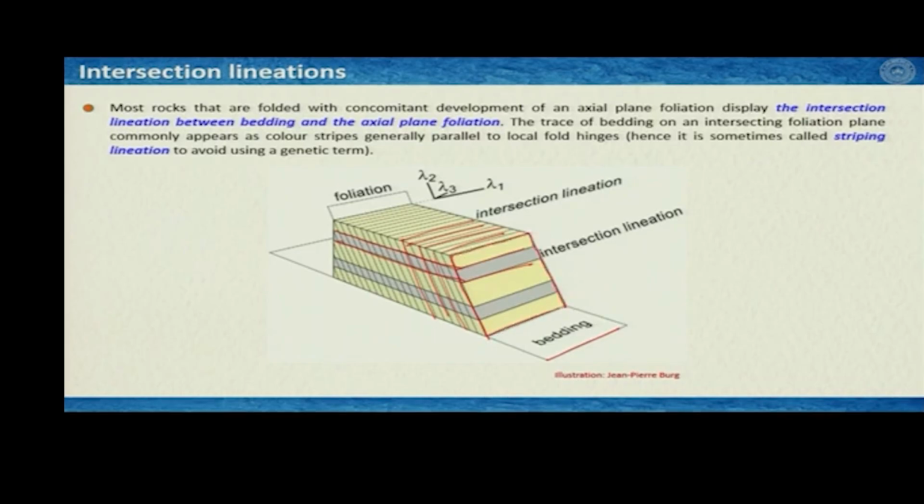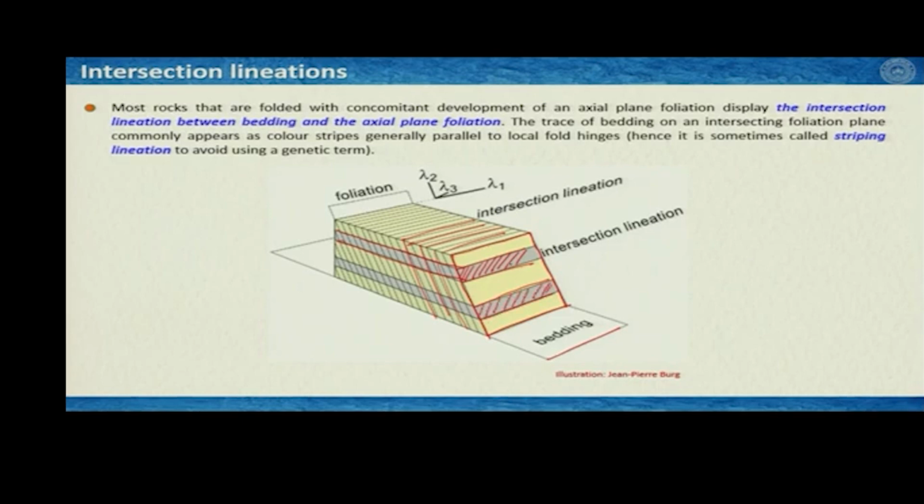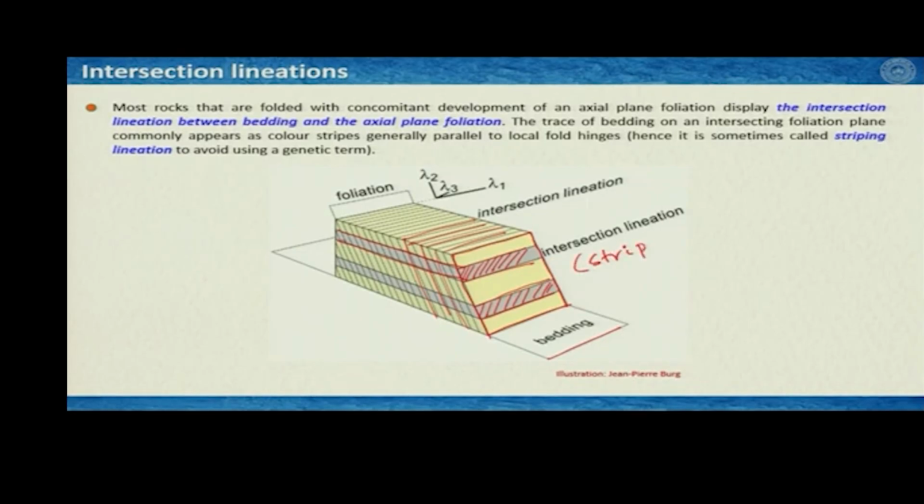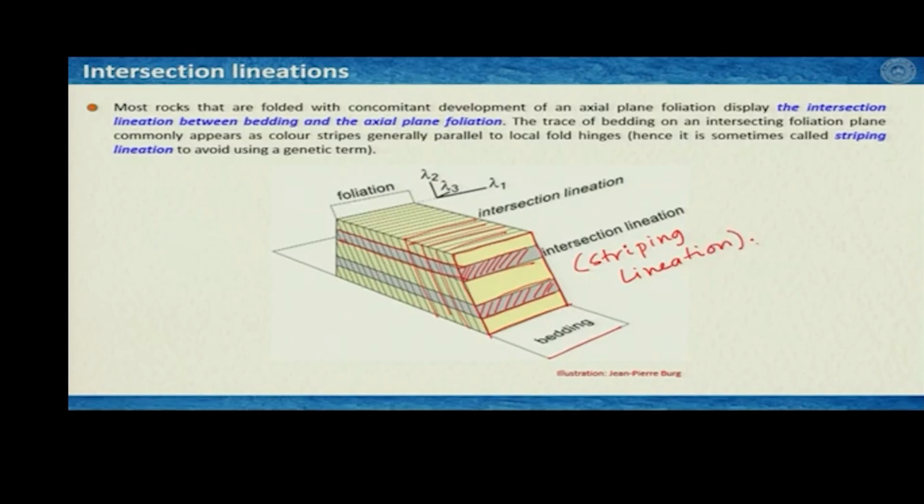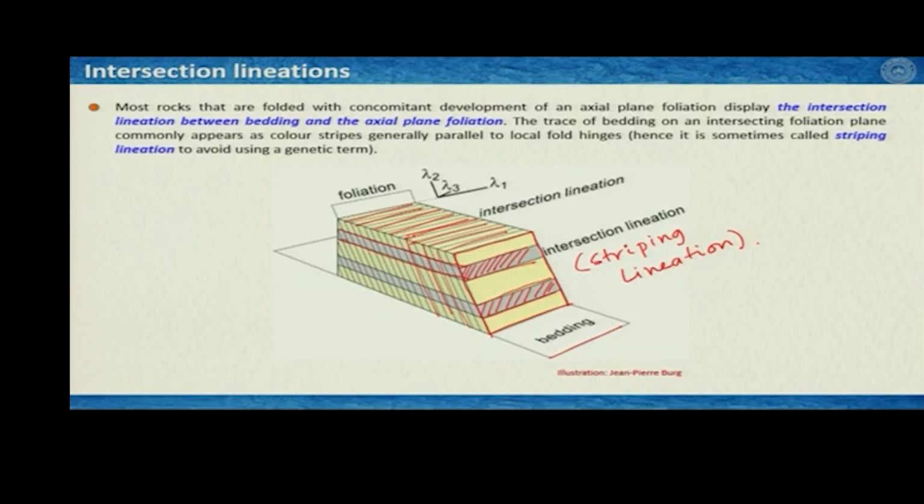On this foliation plane, the bedding planes appear like stripes, and therefore this is known as intersection lineation or striping lineation. However, on this surface, which is parallel to the bedding plane, you see only the intersection lineation.